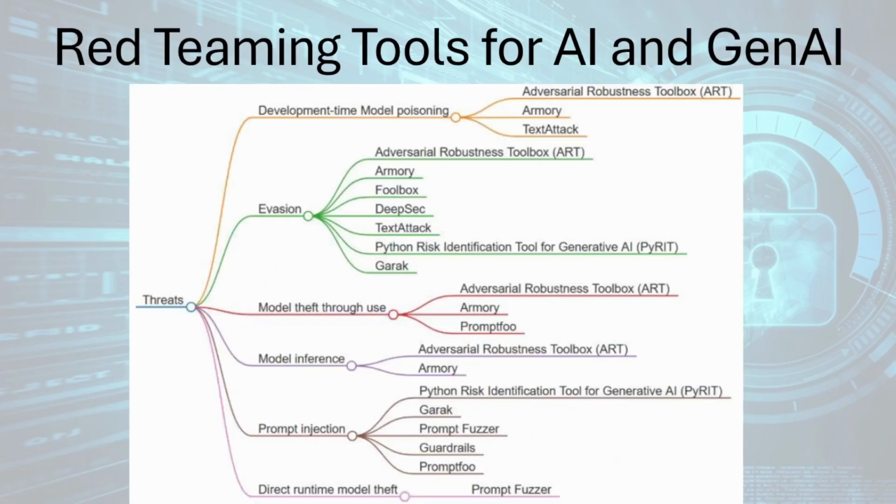This diagram categorizes threats in AI systems and maps them to relevant open source tools designed to address these threats. So we can see here we've got the threats, which include development time model poisoning, evasion, model theft through use, etc., and red teaming tools that can be used for each of these threat types.